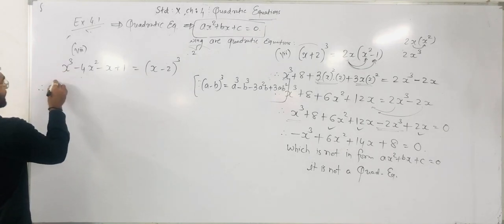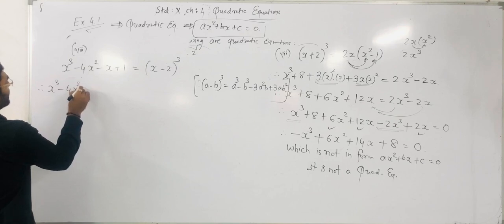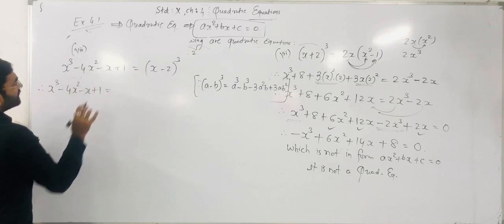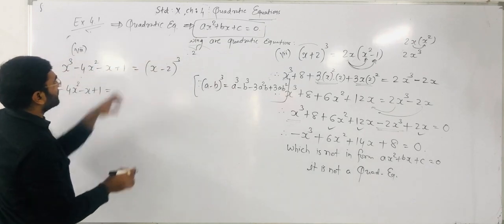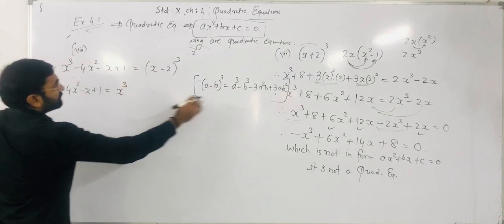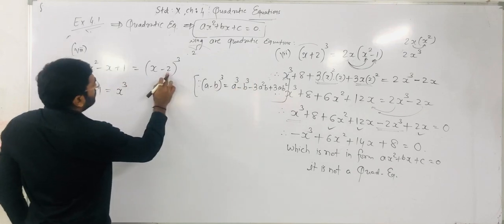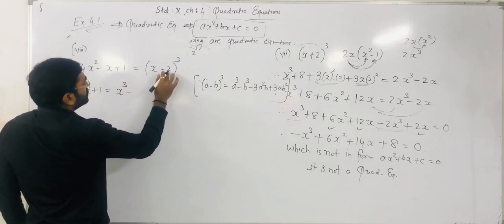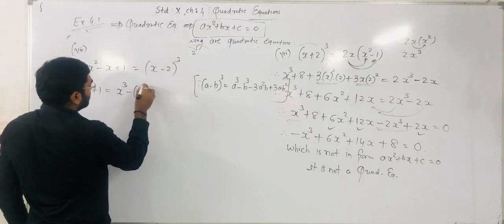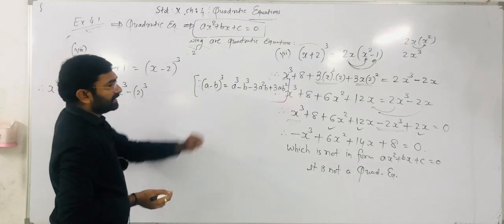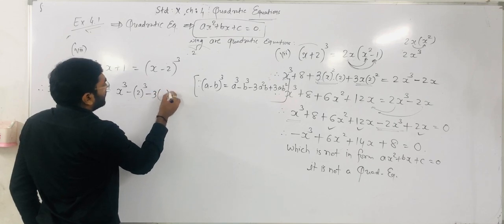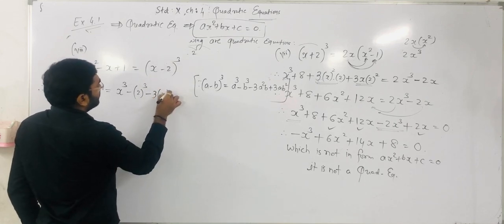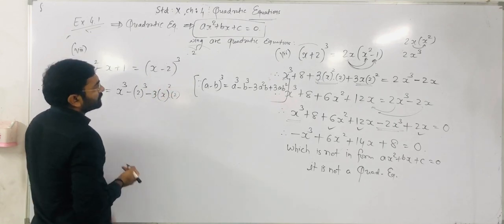Left hand side x cube minus 4x square minus x plus 1 is equal to a cube is the first term. So here we get x cube minus b cube. b cube is what? Here b is 2. So minus 2 cube. 2 cube is 8, right? But here I am mentioning as per the identity. Minus 3 times a square into b, a means x square, into b means 2.